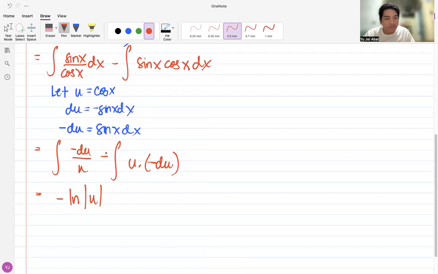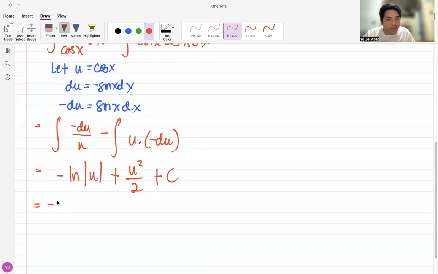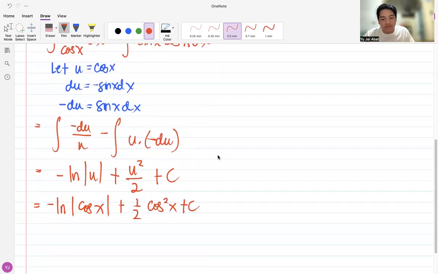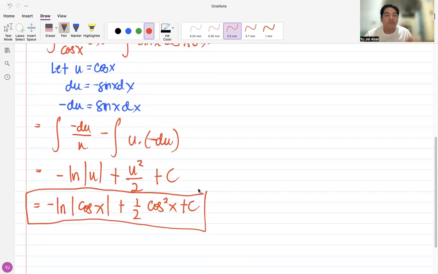Negative du times minus becomes positive u du, or simply u squared over 2, plus c. Going back to the original variable, we have negative ln of the absolute value of cosine of x plus 1/2 cosine squared of x plus c. So this is our answer for number 96.